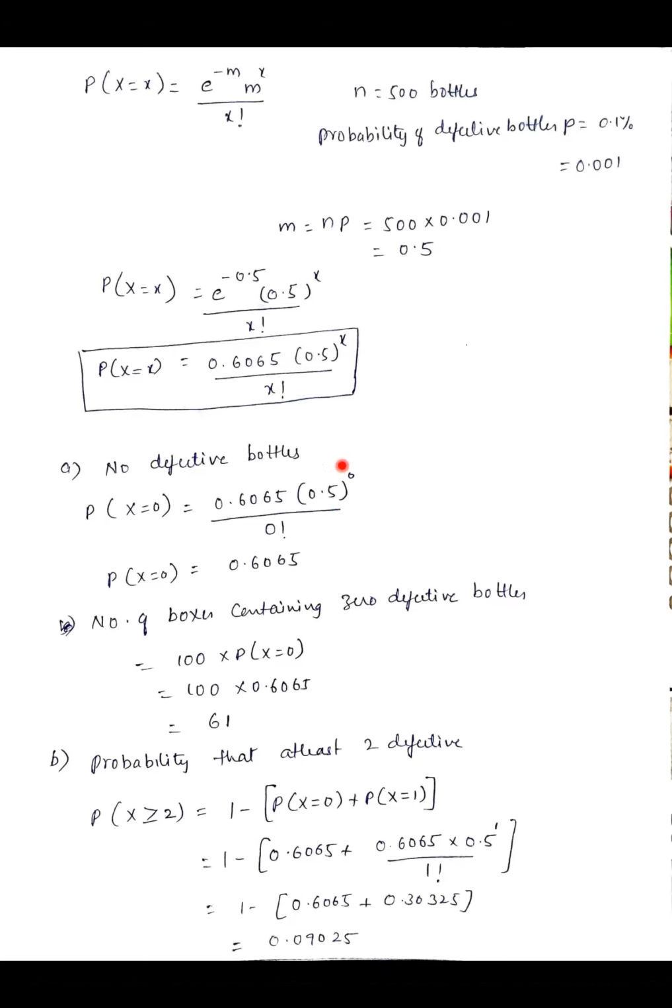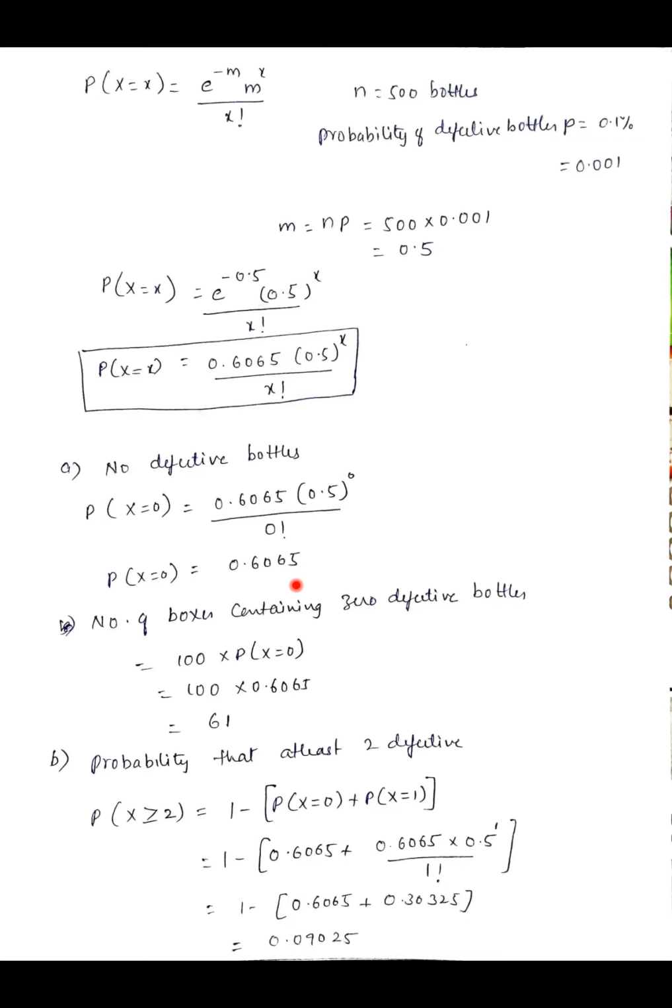Anything to the power of 0 is 1, and 0 factorial is 1. So the probability of no defective bottles is 0.6065. But here they asked how many boxes contain 0 defective bottles.